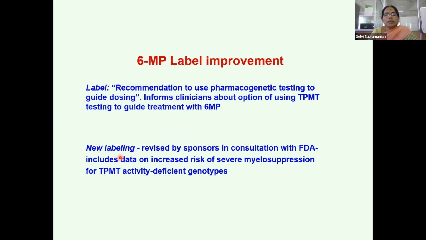Now the new labeling, revised by sponsors in consultation with the FDA, includes data on increased risk of severe myelosuppression for TPMT activity deficient genotypes. So TPMT activity deficient genotypes will have the side effect of myelosuppression. So you be aware of that, and you have to always go with the genotyping. That is the end result of that.